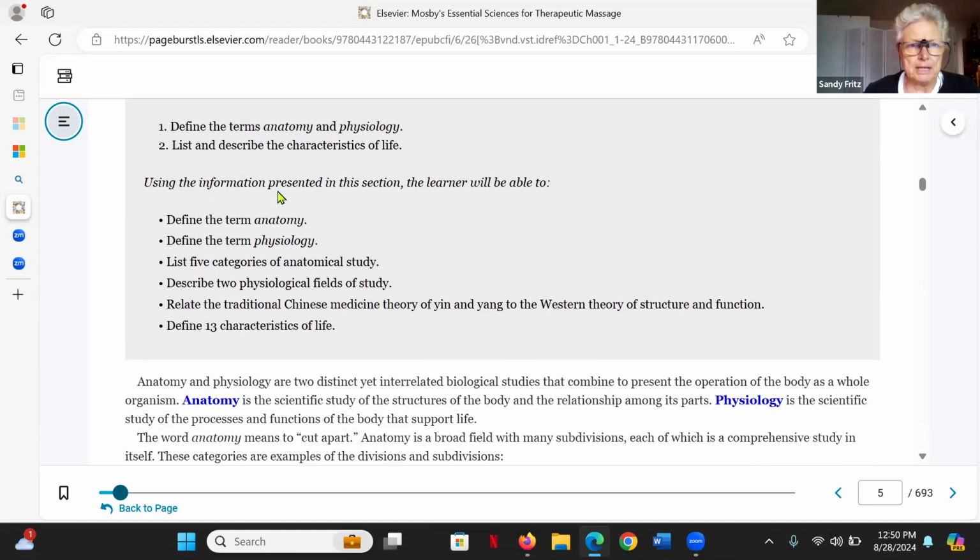So pay attention to each of these subsection objectives, and you'll notice here that we're going to overlap into a cultural practice and compare and contrast how critical thinking works and how the language works in traditional Chinese medicine theory, and with the main approach in this textbook, which is more of a Western theory of structure and function.